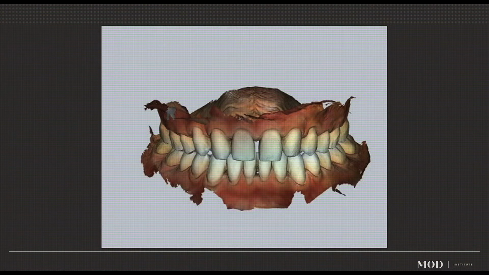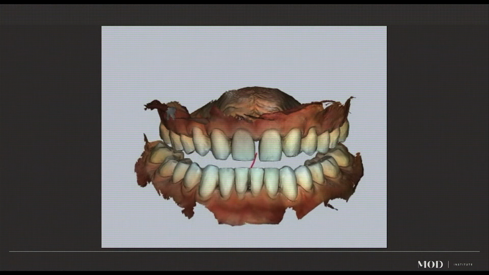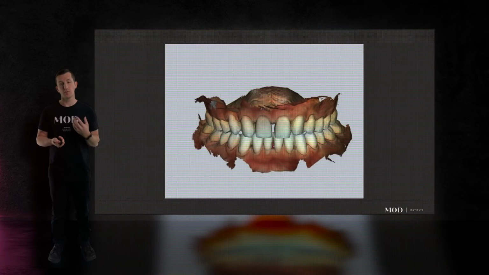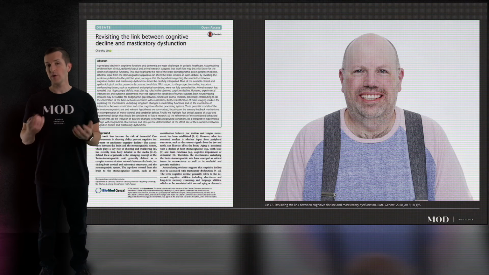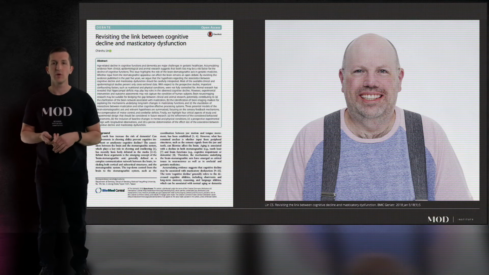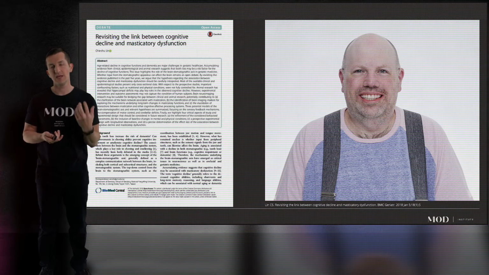The other value in having recorded jaw motion is we can now start to assess the coordination and the reproducibility of functional movements within our patients, like chewing strokes. And so what we know is having coordinated musculature and masticatory efficiency is critically important for us to be able to maintain our cognitive abilities as we age.